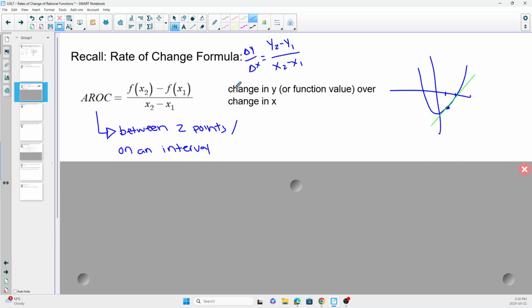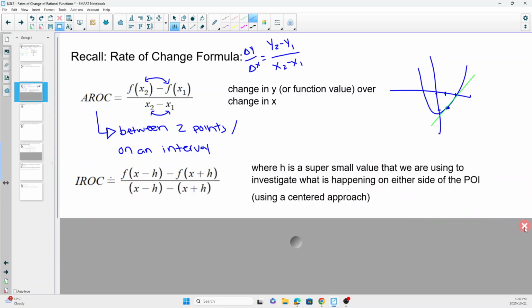Like we haven't changed anything. The bottom is still the same. What did your x value change by between here and here? And what did the function value change by? So you went from a function value of this up to a function value of this. So what did your function value change by? And what did your x value change by? And we determined that by subbing in the x values of interest into our formula.